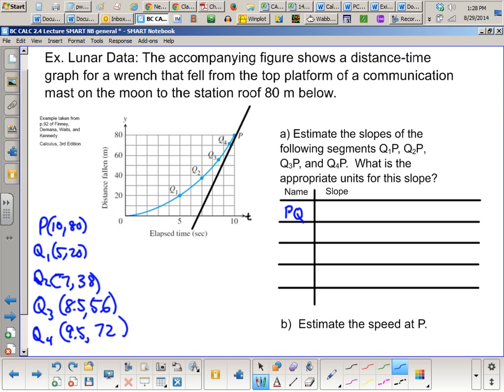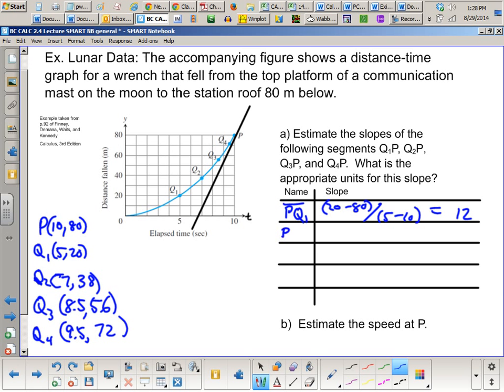So if you want to find the slope of PQ1, you would do rise over run calculation using the 10, 80 and the 5, 20. So your difference in y's would be 20 minus 80. And difference in the x's is 5 minus 10. So this just comes out to negative 60 over negative 5. So that's 12.